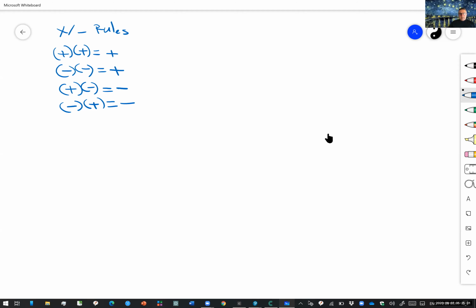Positive. So let me give you those rules in a really nice table. So remember, this works with multiplication or, oh, that didn't work out too well. Let me try this again. It works with both multiplication or division, okay? So let me put it like this. You can make a nice times table here.